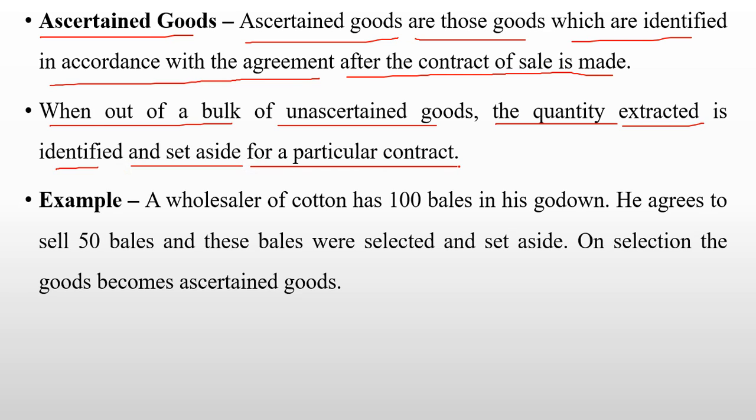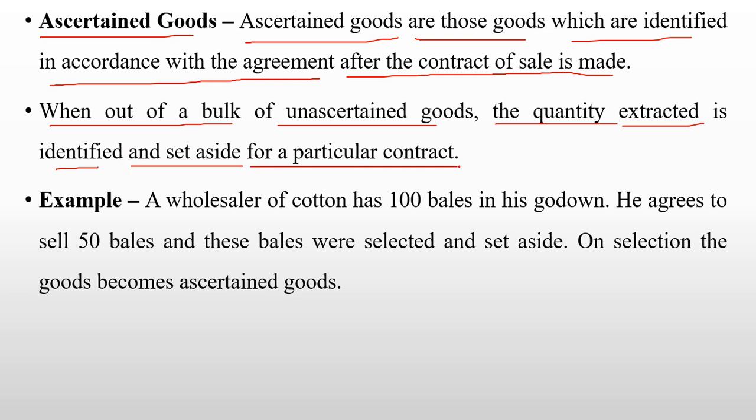For example, you go to the electronic showroom and you are confused, you don't know what to purchase, so it becomes uncertain goods. Once you finalize, you have the option to purchase a mobile phone or watches, and you decide to purchase a mobile phone.